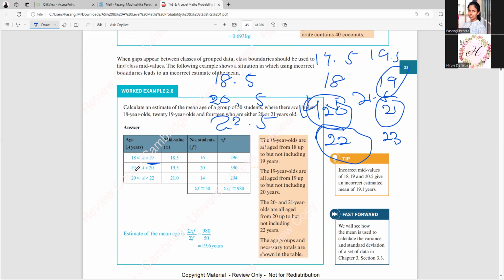There is no gap in between. If they had started from 20 after 19, there would be a gap, values like 19.1, 19.2 up until 20, and we would lose all those values normally, but here they have done it correctly.